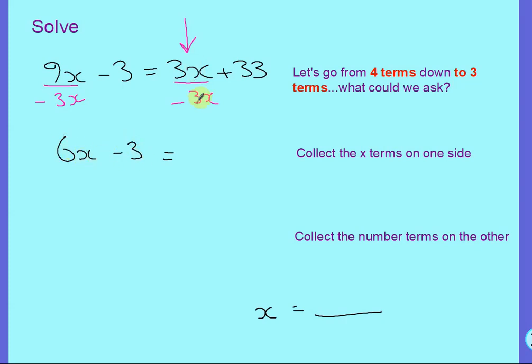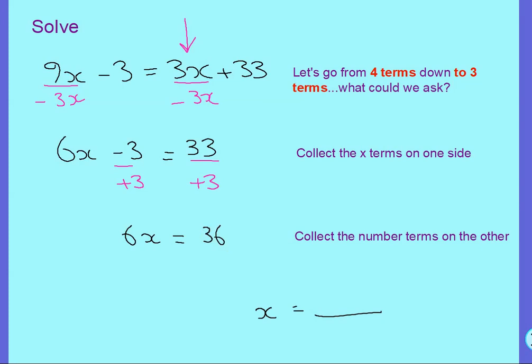The x's are going to go on the right hand side, and I end up with 33. I have 2 number terms. They need to be on the other side to the x's, so they need to be on the right hand side. So I'm going to add 3 to remove it, do that to both sides, equals in a nice line, 6x on the left and 36 on the right.